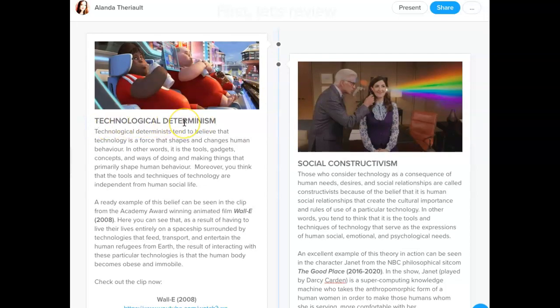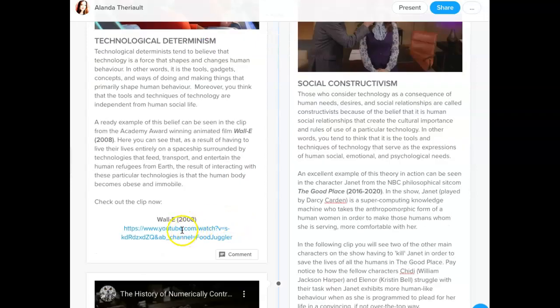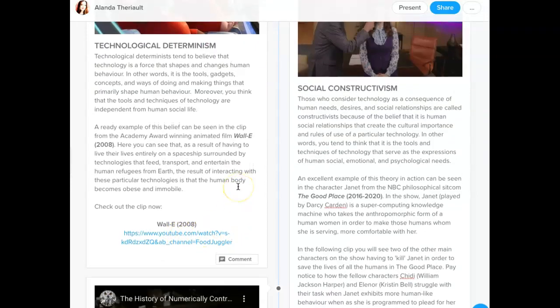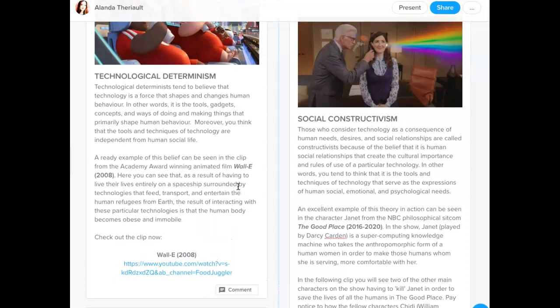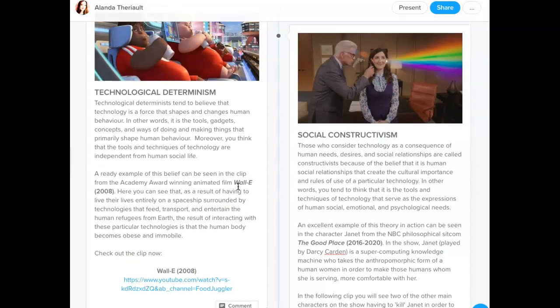Turning now to our theories. If you recall from last week, we dipped our toe in these theoretical waters and thought a little bit more about technological determinism. Technological determinists tend to believe that technology is a force that shapes and changes human behavior. So the example here is from the film WALL-E, and you're highly encouraged to take a look at the clip in a few moments when I give you a chance to pause.